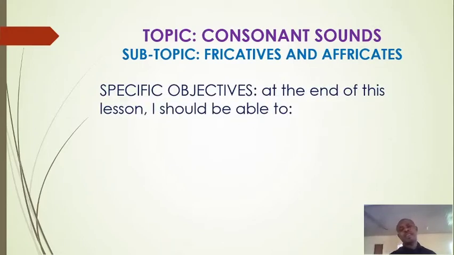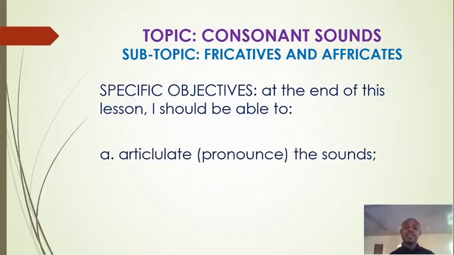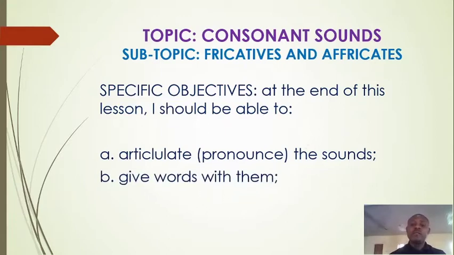What is expected of us today at the end of this lesson? We should be able to A, articulate, that is, pronounce the sounds. B, give words with them using their spelling symbols. And then also C, identify them in words.